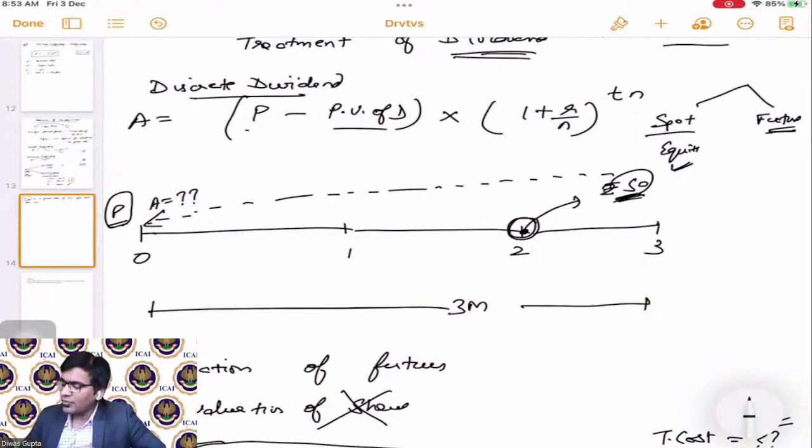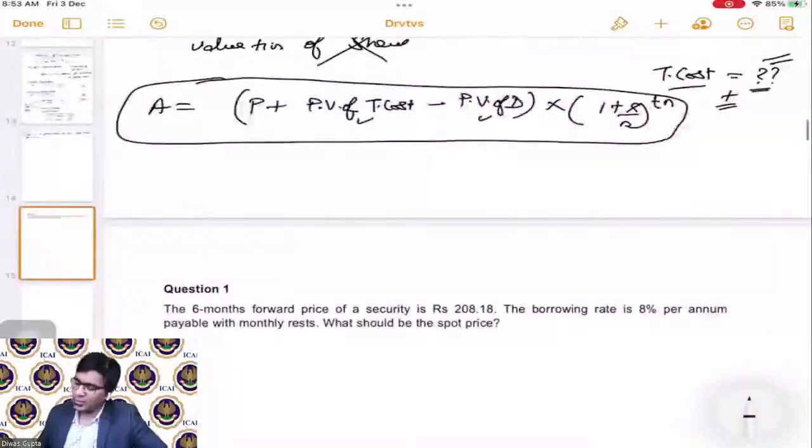But in case of a future, just by holding the future, is that person entitled to the dividend? No. This is just a future. The company will not pay dividend on a future. Hence, we will have to reduce the value from the future. Hence, we are reducing the present value of dividend from here.